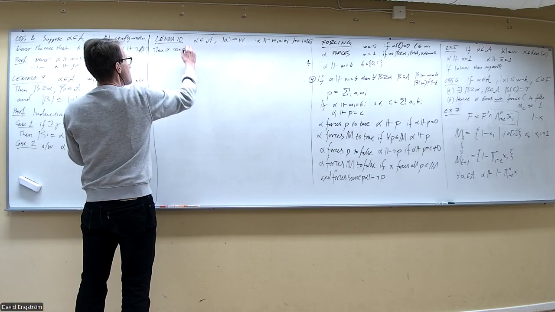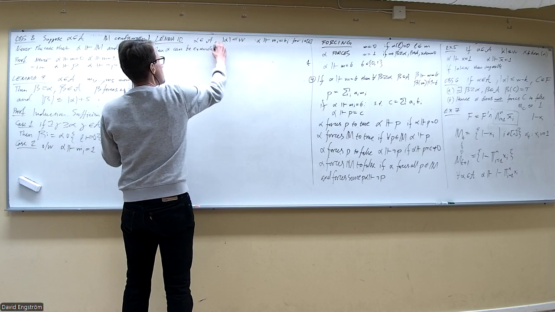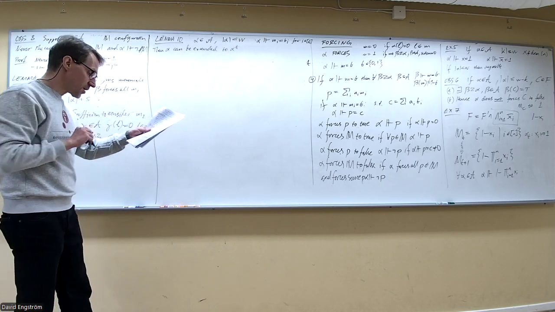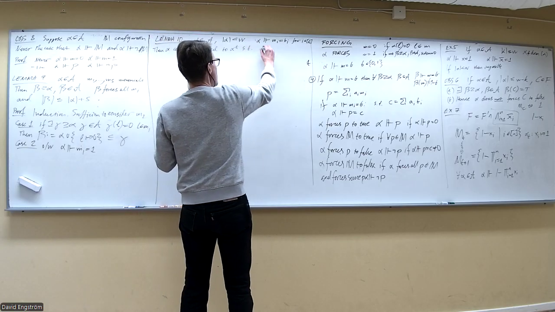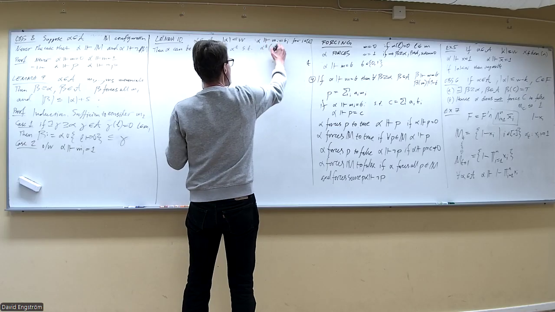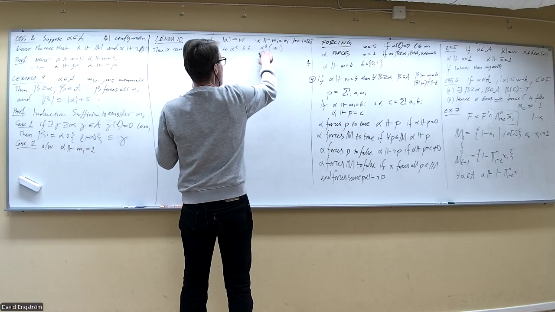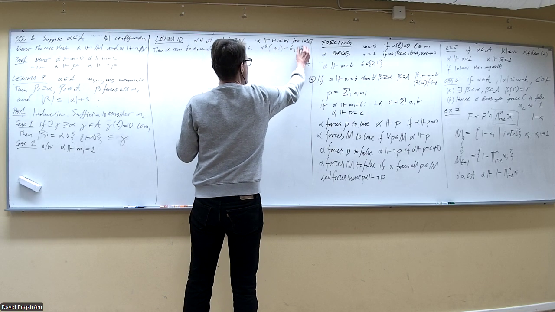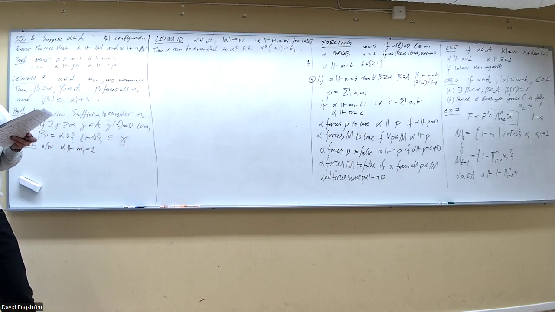Then the claim is that alpha can be extended to a truth value assignment alpha star such that, and note that now I'm talking about actual truth value assignments, mi by alpha star is assigned to di.